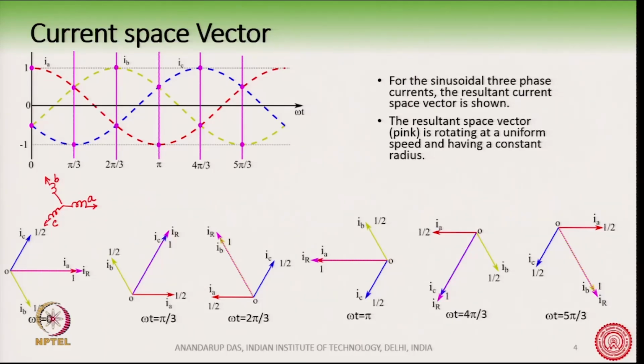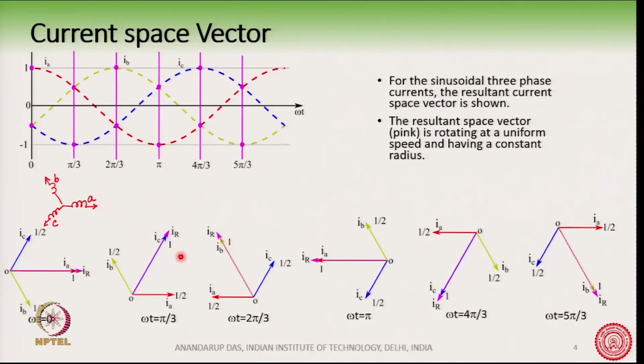The I_C peak is like this here, and therefore the resultant I_R is lying here. At omega t equal to pi by 3, the space vector I_R, initially here at omega t equal to 0, has moved by pi by 3 angle to this position. The magnitude of I_R remains the same as before.